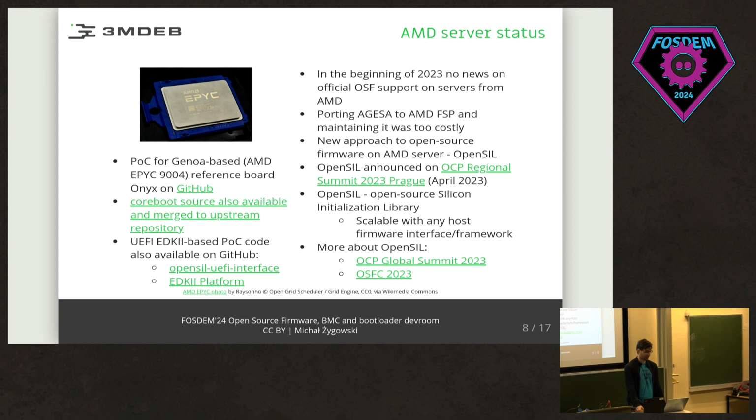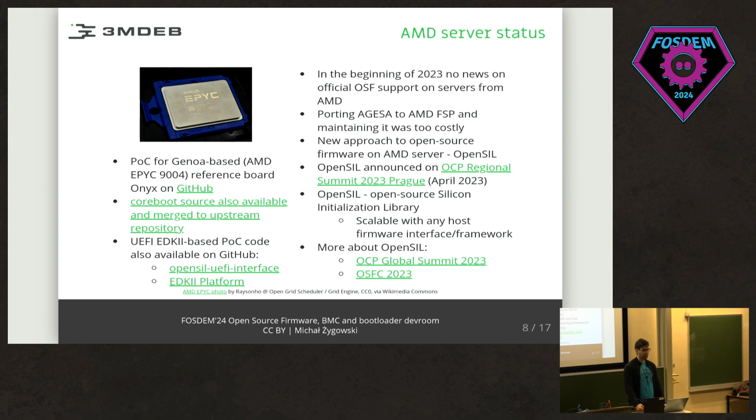What AMD thought about is an entirely new approach. Because the model of FSP is very, very costly, because they have to port the UEFI reference code for their silicon into Intel FSP format. It was constant work of rewriting, adapting the code, testing, and to be honest, it is not a maintainable and scalable approach, right?